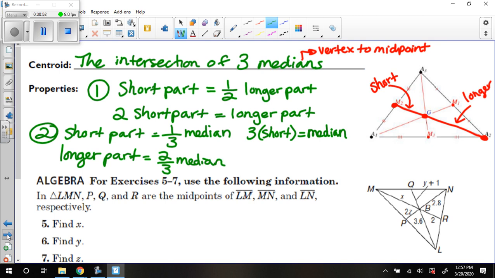So I could think of it this way, that if I did the longer part times 3/2, it would equal my median.